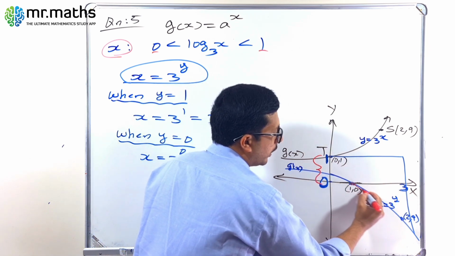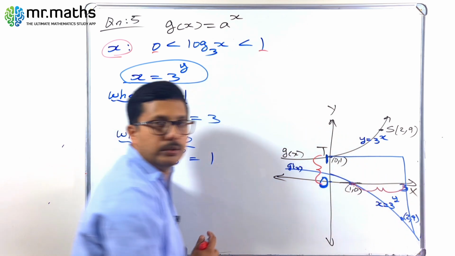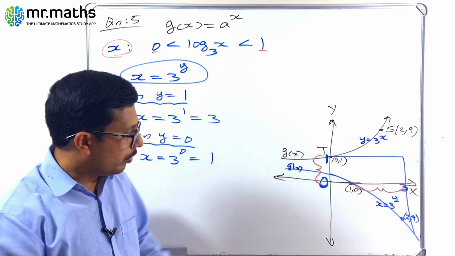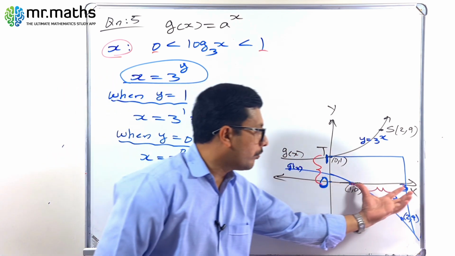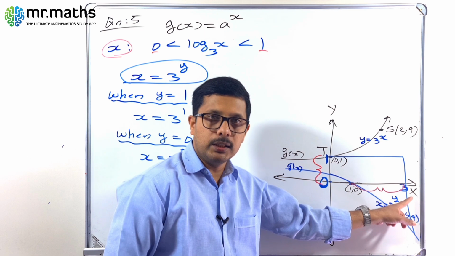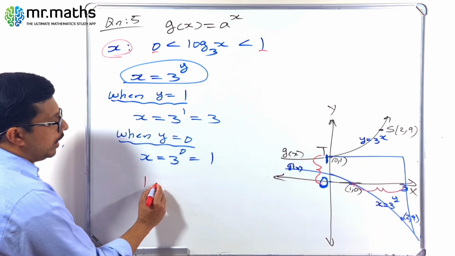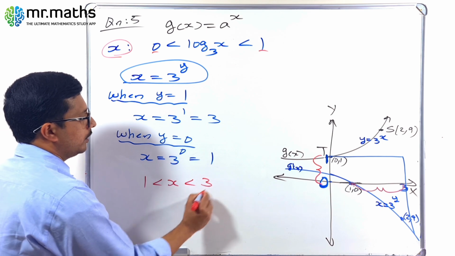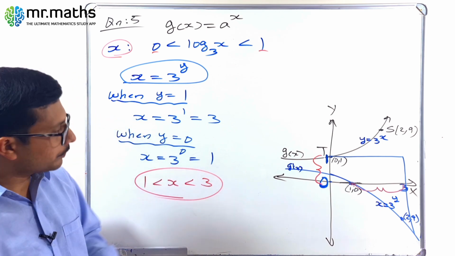So it means that the value of x is between 1 and 3. When the value of y is between 0 and 1, the value of x is between 1 and 3. So what you are supposed to write as your answer is 1 less than x less than 3. That is the answer.